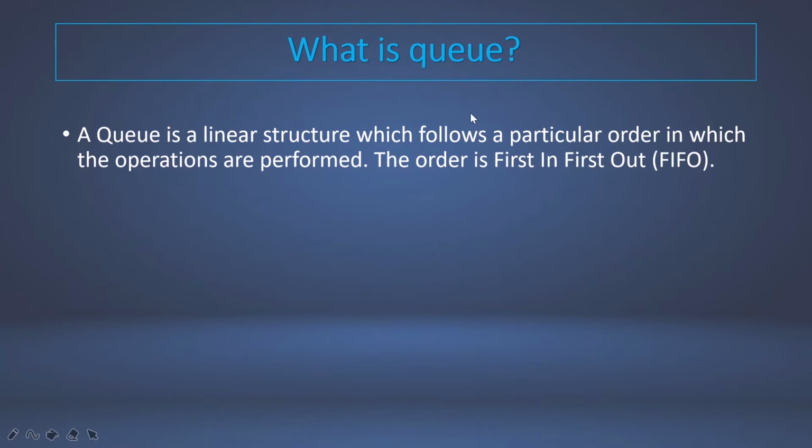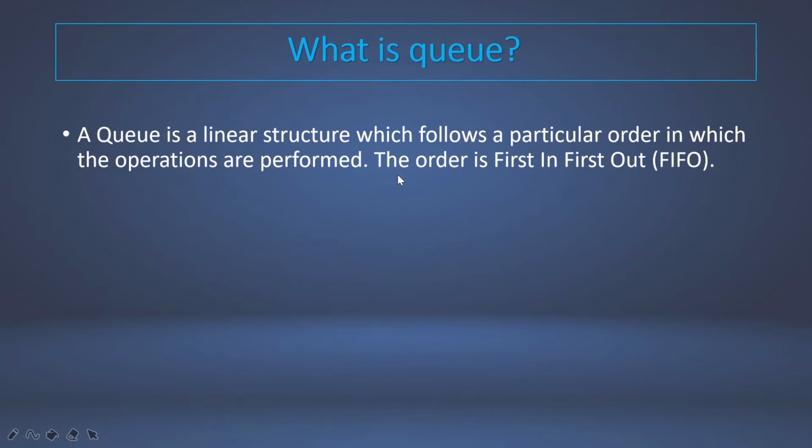And the people who receive the ticket receive it from the front of the line, and then move away. In the same way, the queue data structure is built. So if you push a value in a queue, it will be pushed at the end of the queue, and if you pop a value from a queue, it will be popped from the front of the queue.